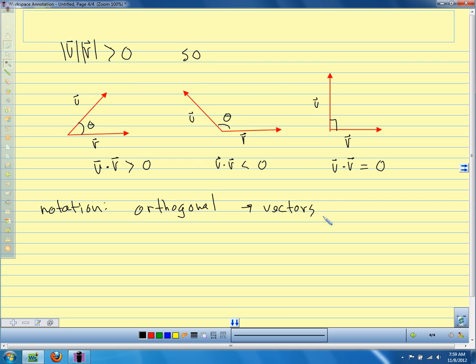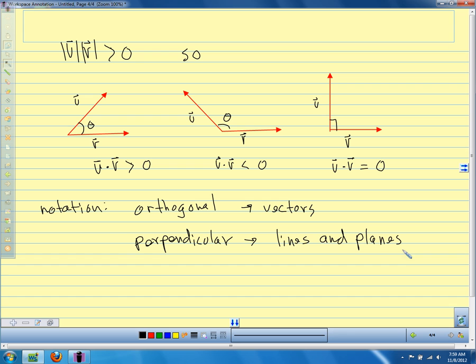That means they intersect at a 90-degree angle. It's not incorrect to say that they're perpendicular, but just common usage, we say vectors are orthogonal. Perpendicular usually refers to lines and planes. So we would say lines are perpendicular to each other, planes are perpendicular to each other.